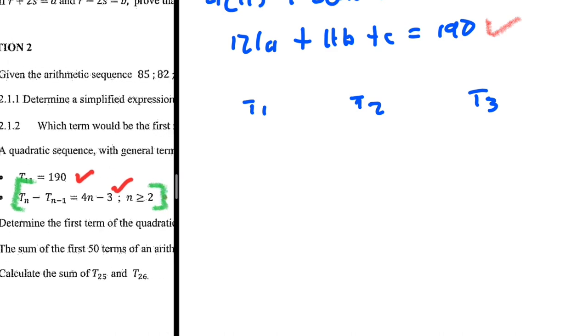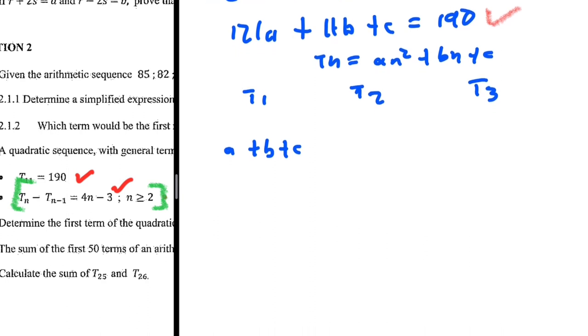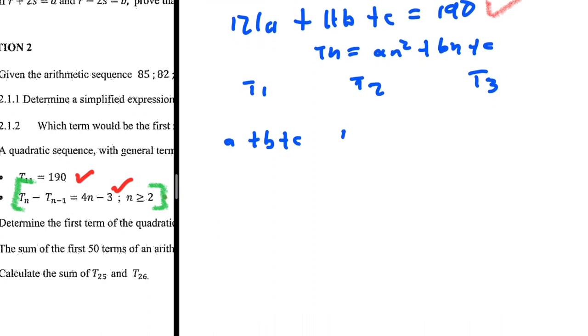T1, we've already established, is a plus b plus c. But what about T2? Let's not forget that Tn is equal to an squared plus bn plus c. T2 will be 4a plus 2b plus c.